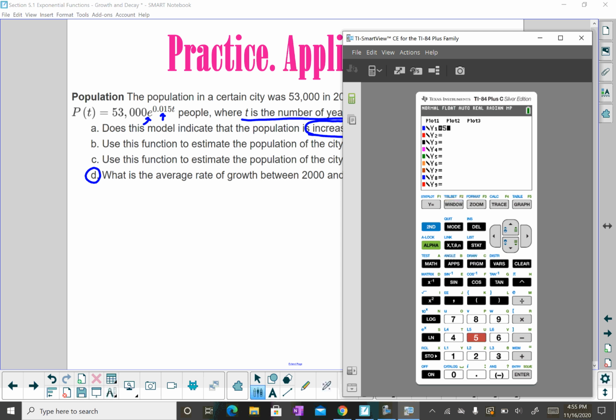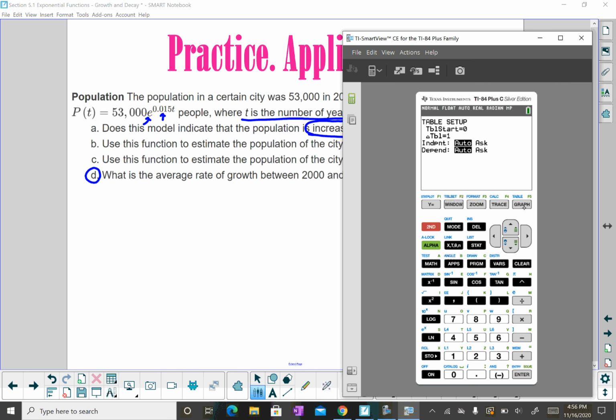Type in my equation, 53,000 e, bring up my exponent, 0.015, and then an x instead of a t. And then my table was a little messed up from before, so I'm going to hit second window and just start my table over. I'm going to start my table at 0, change in the table at 1.